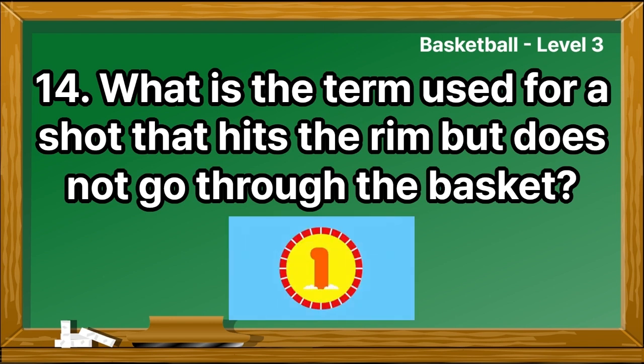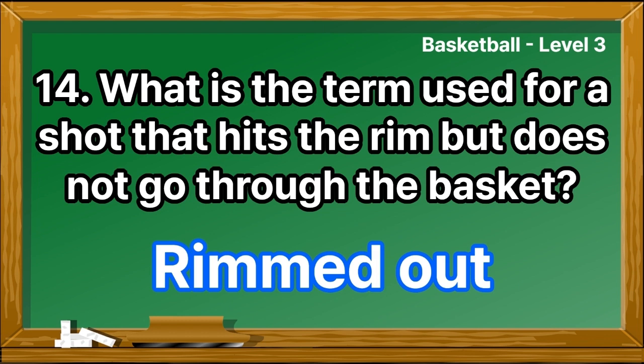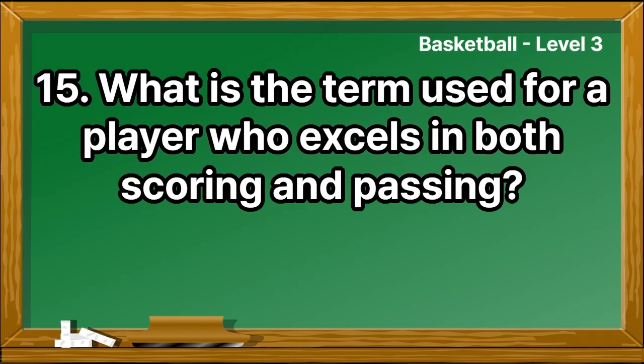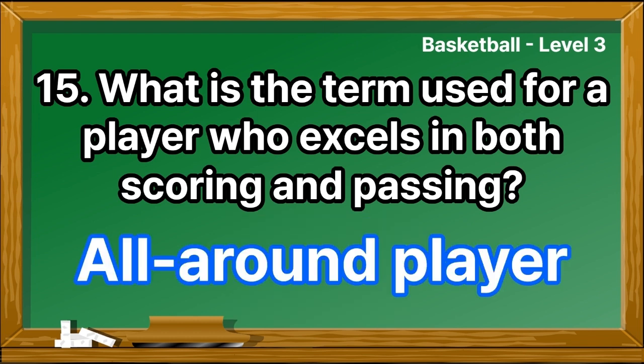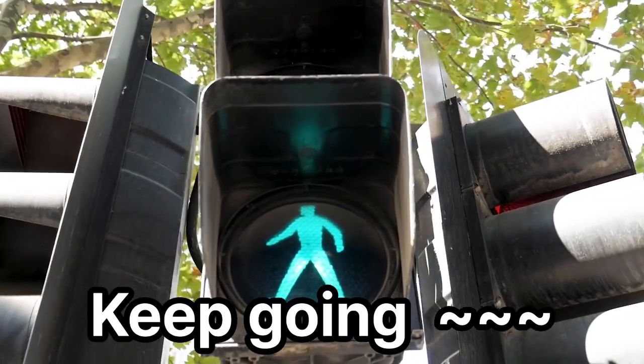Rimmed out. What is the term used for a player who excels in both scoring and passing? All-around player. Keep going.